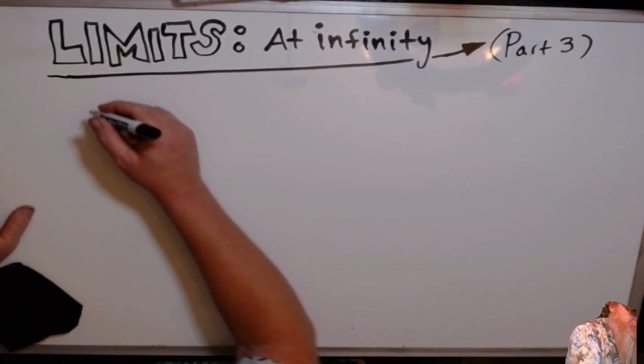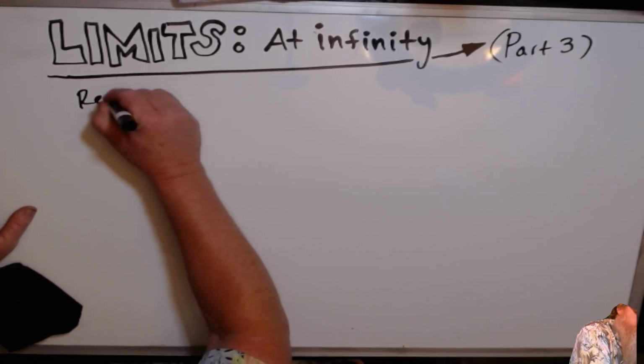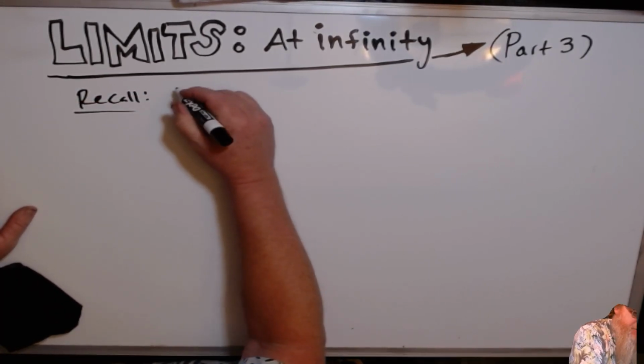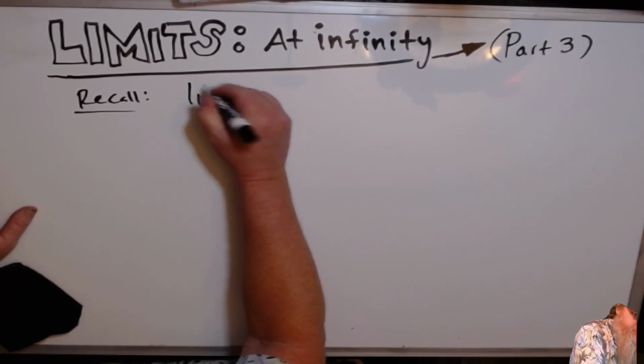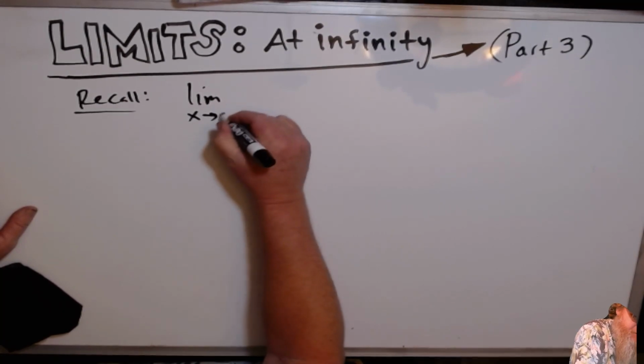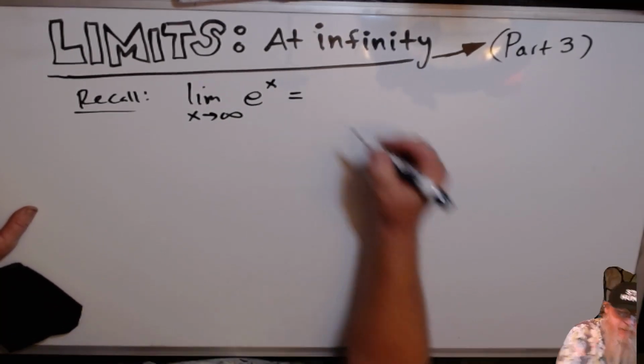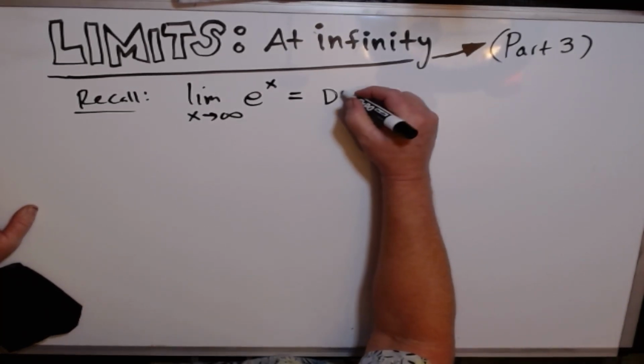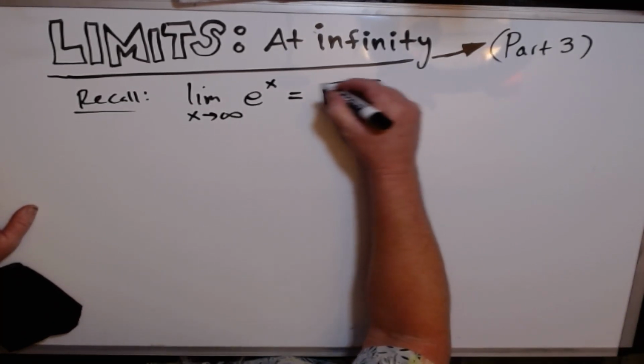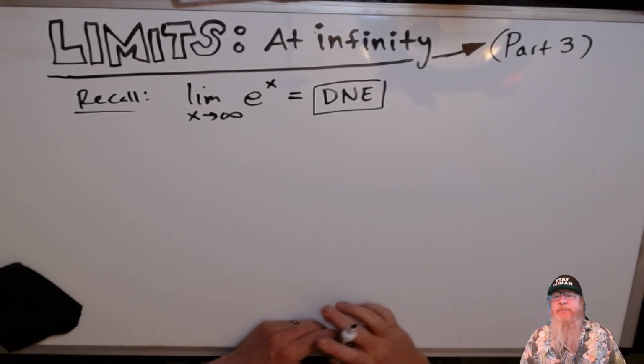So recall that if I said the limit as x approaches infinity of e to the x, previously we would say that this type of limit did not exist.